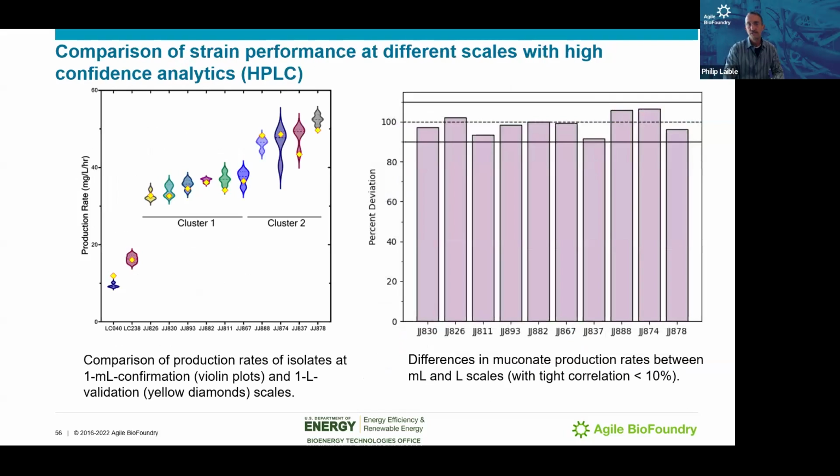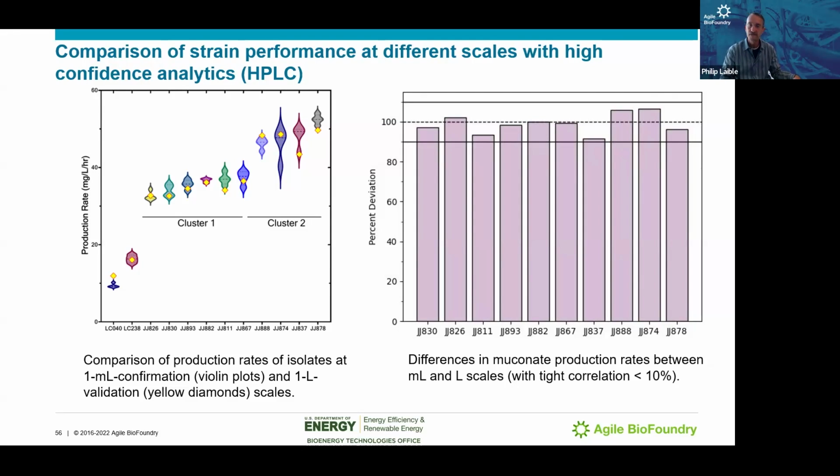You can see a comparison of a ranked order of these new evolved isolates and how they compare in violin plots shown at small scale to those at larger scale in shake flasks, shown in the yellow diamonds. And on the right is a ratio of the performance at those 2 scales, and they're really tight ratios as far as their performance enhancements go.